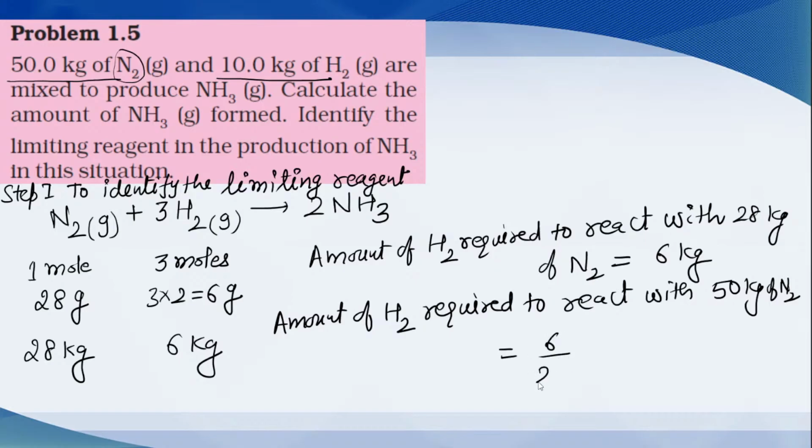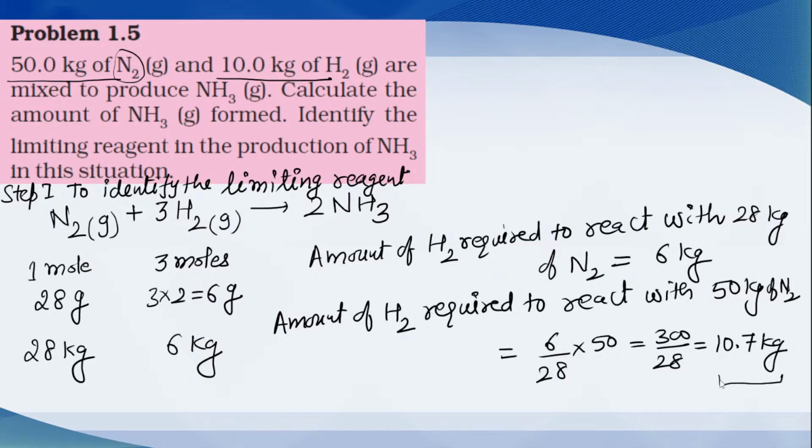So for 50 kg, the relation is like this: 300 over 28, which is greater than 10. The exact value, 300 divided by 28, is 10.7 kg. That means the amount of hydrogen required to react completely with 50 kg of nitrogen is 10.7 kg.